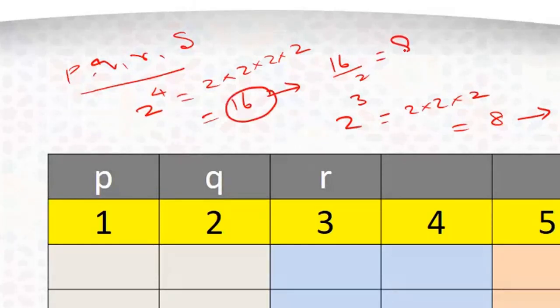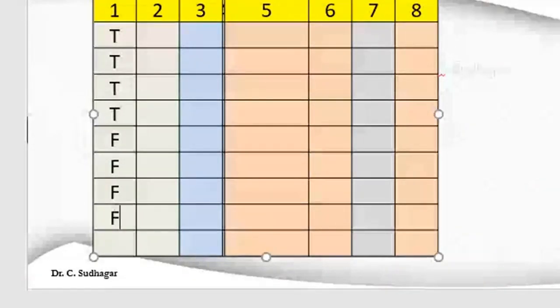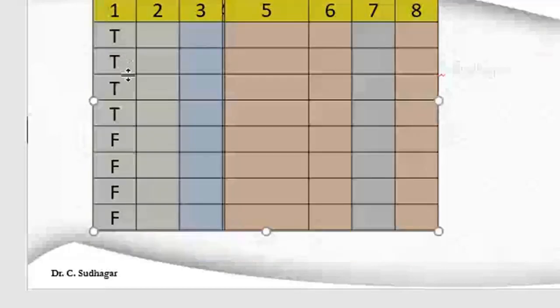Take half of that first. So in the first place, for P, the first 4 times you put T: T, T, T, T. Then make F 4 times only. So totally 8: 1, 2, 3, 4, 5, 6, 7, 8.